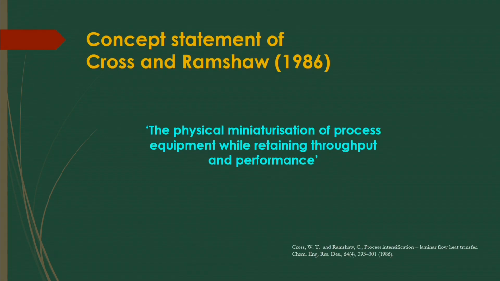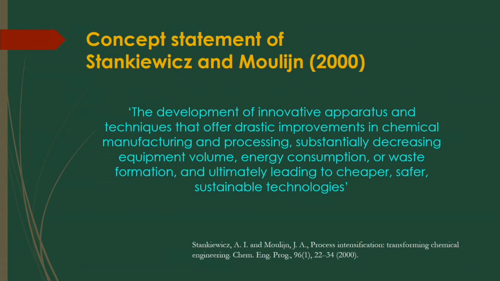Now the concept statement of Cross and Ramshaw 1986: physical miniaturization of the process equipment while retaining throughput and performance. So this is the concept statement of process intensification given by Cross and Ramshaw.